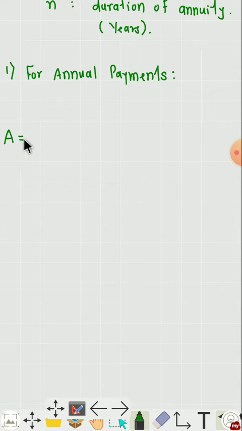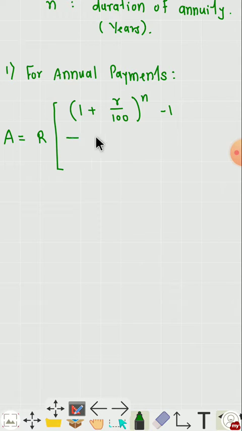The total amount A is equal to R inside the bracket (1 plus r divided by 100) raised to the power n minus 1, and whole divided by r divided by 100.